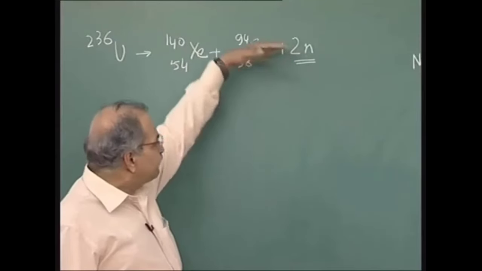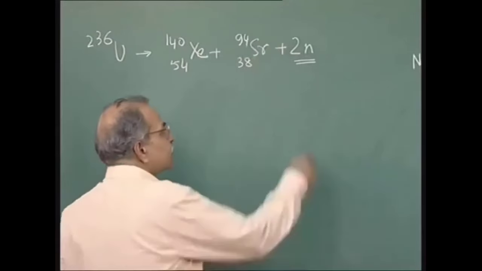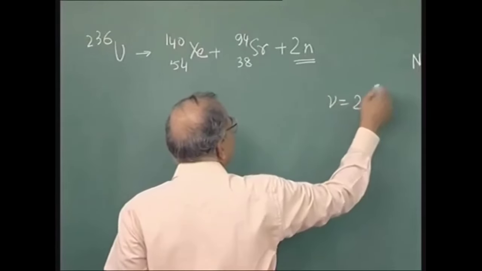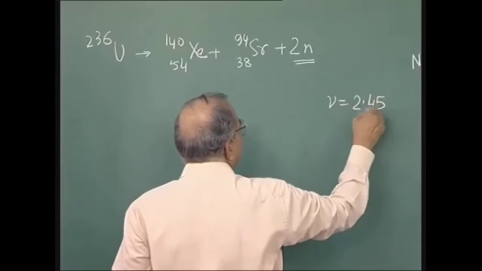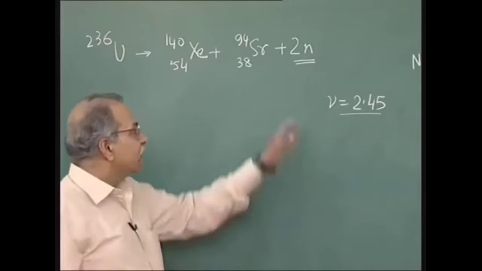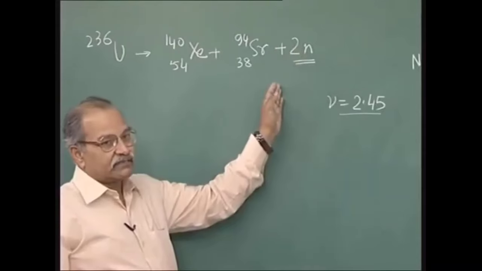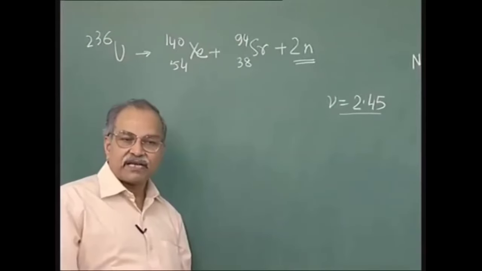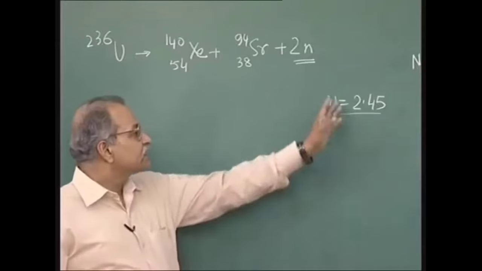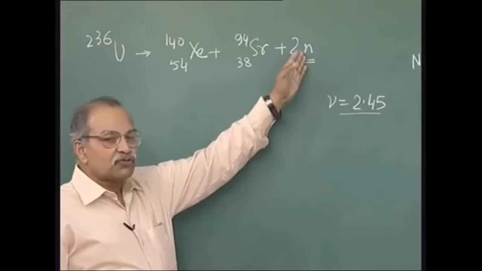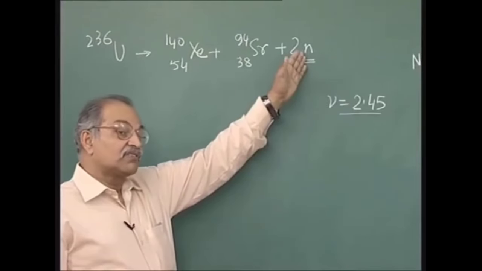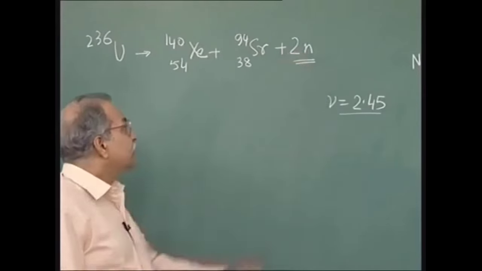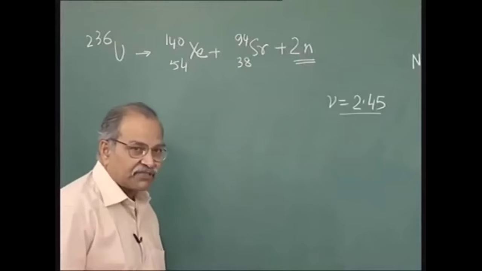On the average, if you take all those possible reactions for uranium 236, this number comes out to be around 2.45 or so. In this reaction it is 2, in some reaction it is 3, and if you take a large number of reactions and average out, that average comes out to be this. So, these neutrons are emitted because of the neutron excess in the fragments, and these are just immediately after the fission.